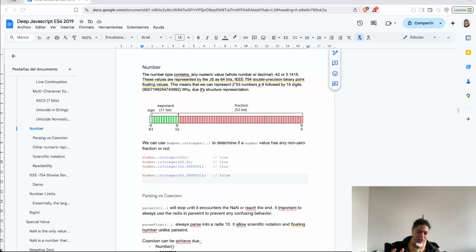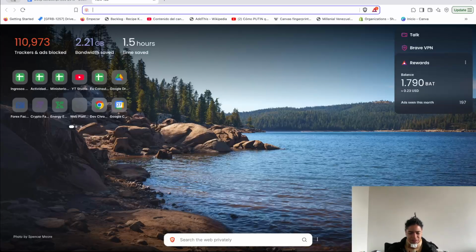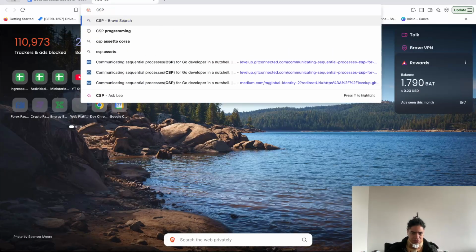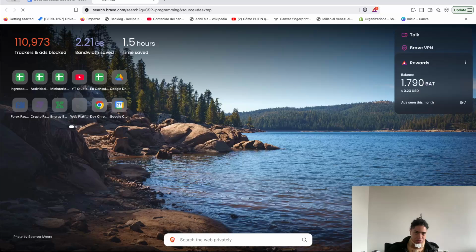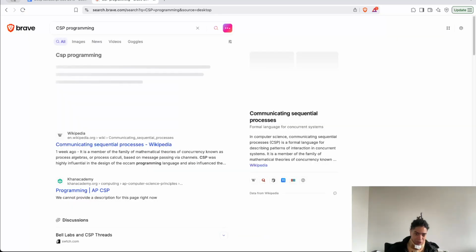And yet there is another paradigm which is known as CSP, communicating sequential processes, which is something that languages like Go have implemented.